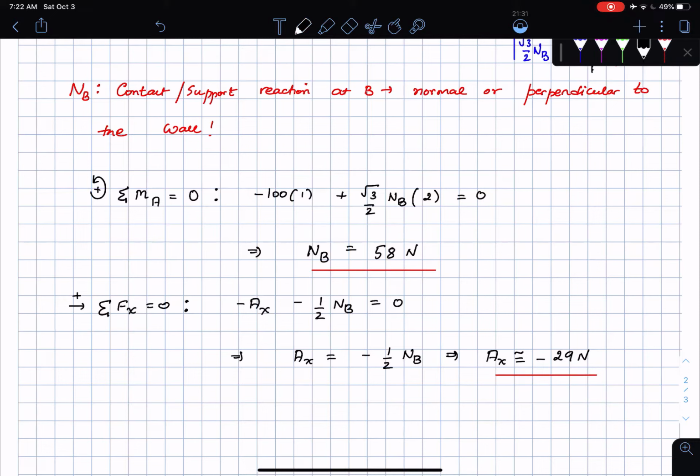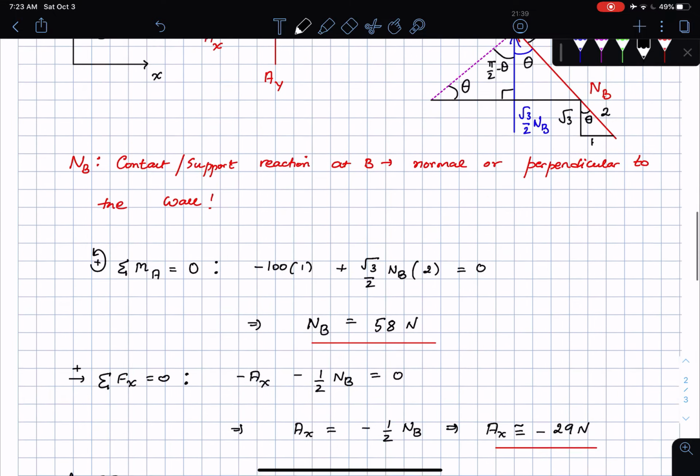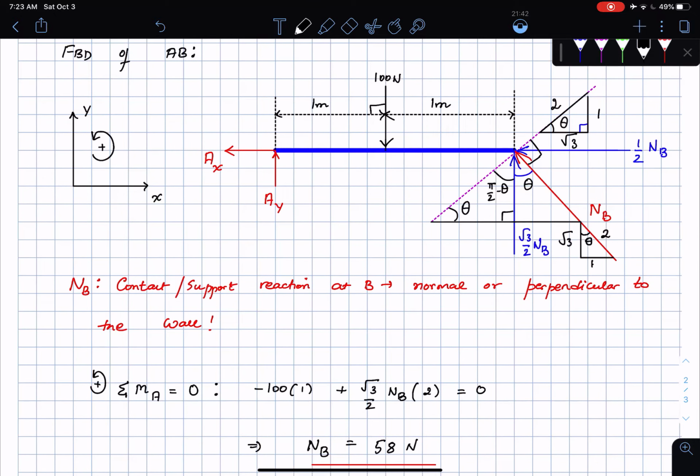Then I sum forces in the vertical direction and set that equal to 0. What are the forces in the vertical direction? Watch this carefully. AY is pointing up, positive. 100 newtons is pointing down, negative. Root 3 by 2 NB is pointing up, positive.